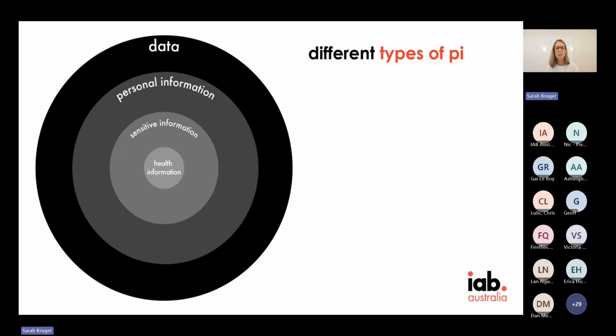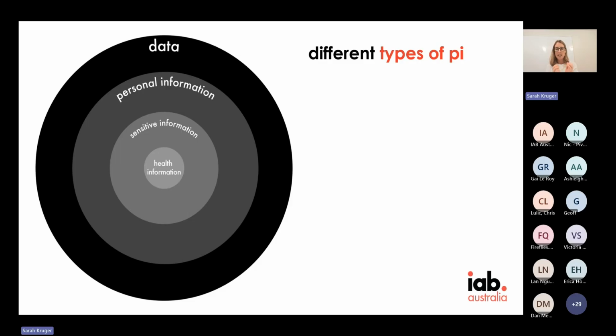Within that, you've got the pool of personal information. And then within the universe of personal information, we have a smaller pool of sensitive information, which is racial, ethnic origin, political opinion, religious belief, health information. So remember, that's quite broad. It is not, as some people think, just health information.